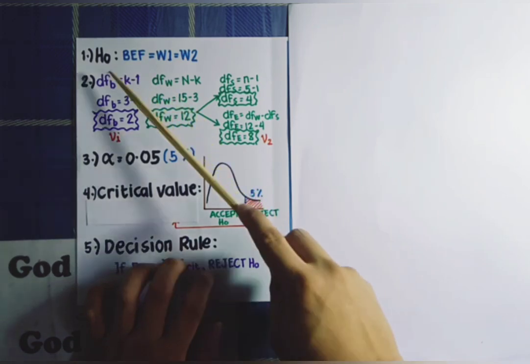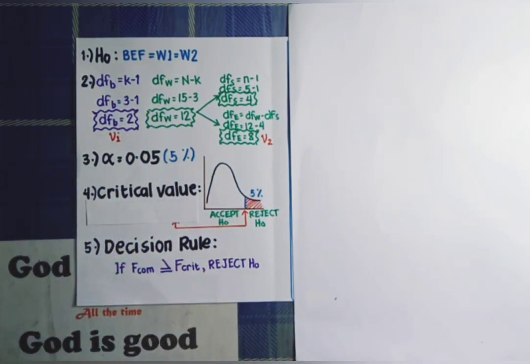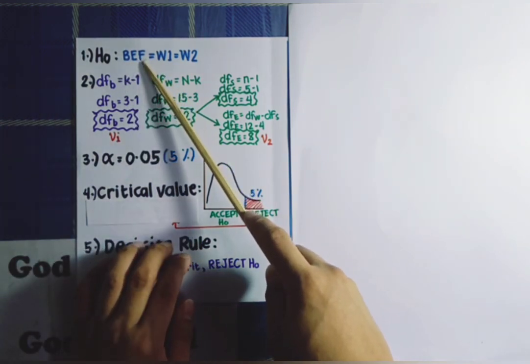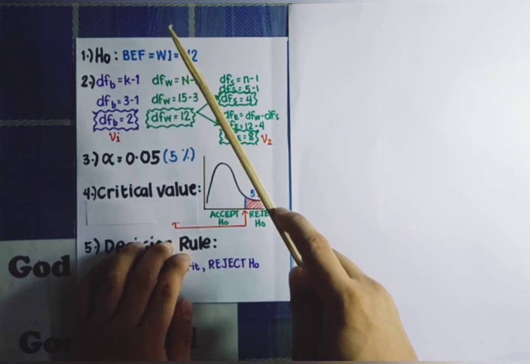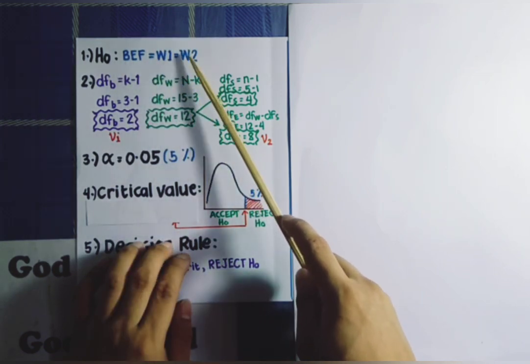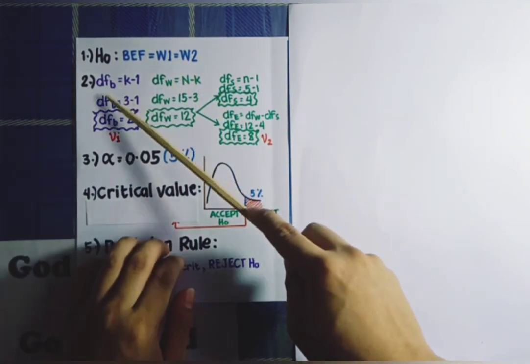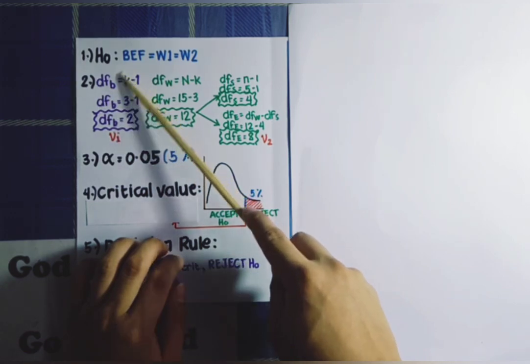For the null hypothesis, our null hypothesis is there is no significant difference on the plant growth before, 1 week after, and 2 weeks after the application of fertilizer X, or the data before the application of fertilizer X is just equal to the data 1 week after the application of fertilizer X and 2 weeks after the application of fertilizer X.